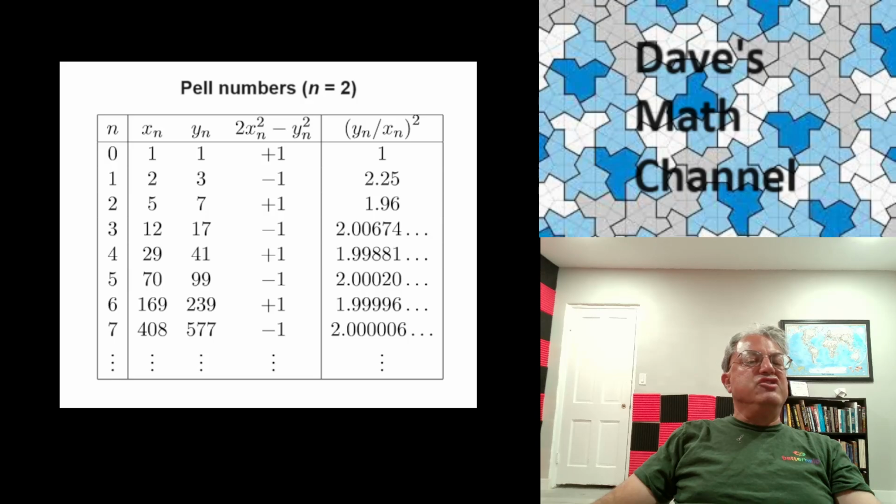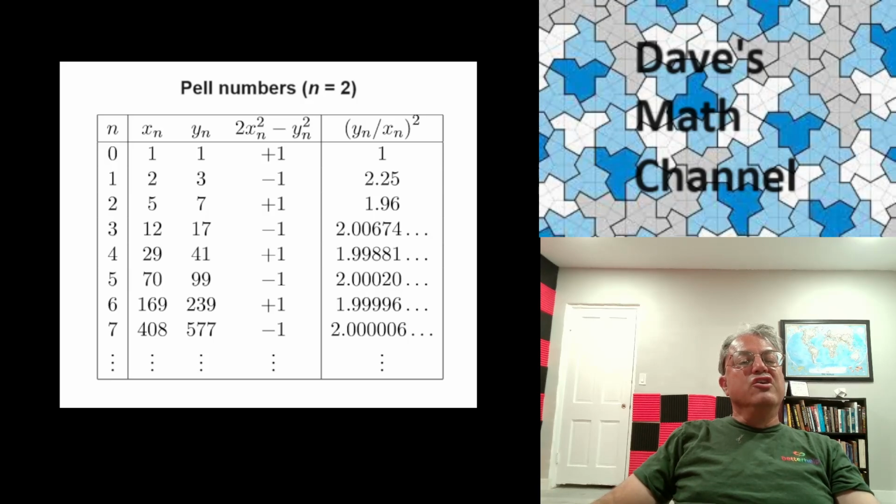And these numbers have names. These x_n's are called Pell numbers, and the y_n are called half companion Pell numbers. And it turns out that y_n over x_n is always a rational convergent of the square root of 2. These get closer and closer to the square root of 2. You can kind of see that from this table on the right. I mean, the first approximation is terrible.